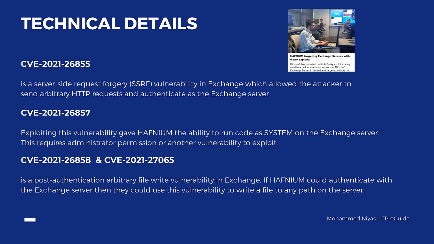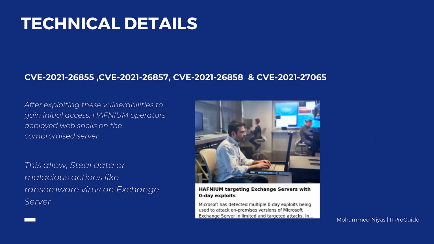So exploiting these vulnerabilities and deploying a web shell on the compromised server is the initial step of Hafnium operators. Then, based upon the attacker's interest, they may steal the data or perform additional actions like running a ransomware virus.